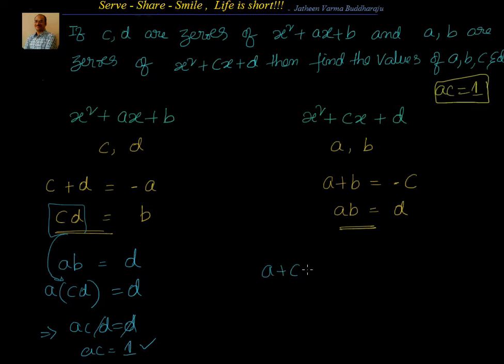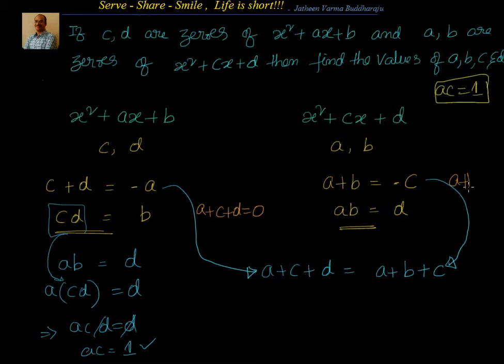From c plus d equal to minus a, we got a plus c plus d equal to 0, and from a plus b equal to minus c, we got a plus b plus c equal to 0. So this gives me a plus c plus d equal to 0, and this gives me a plus b plus c equal to 0. Now we equate both of them.